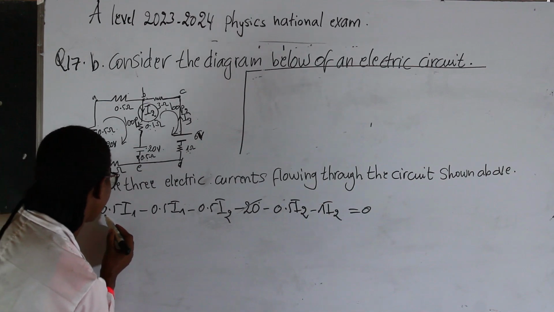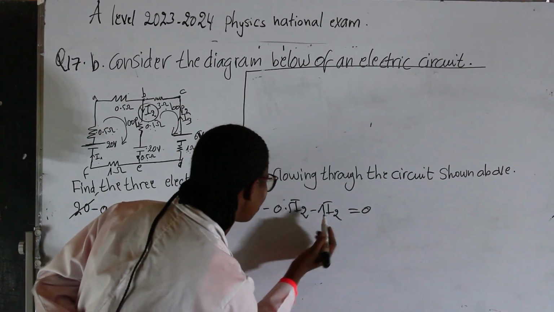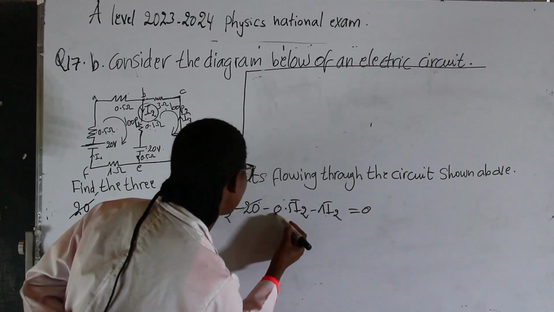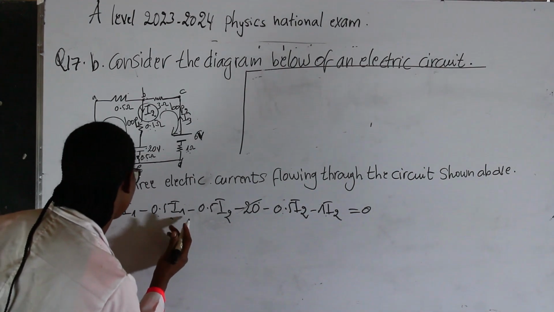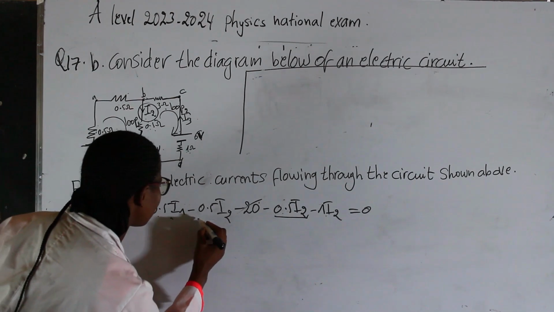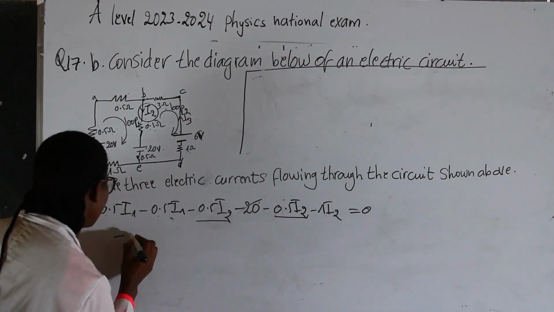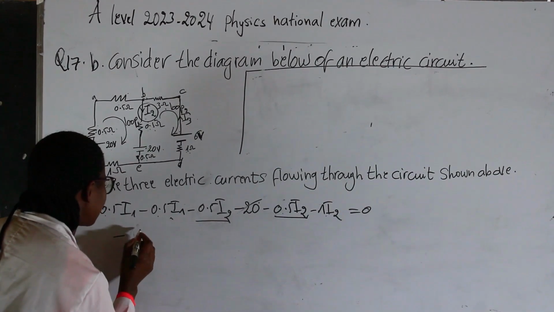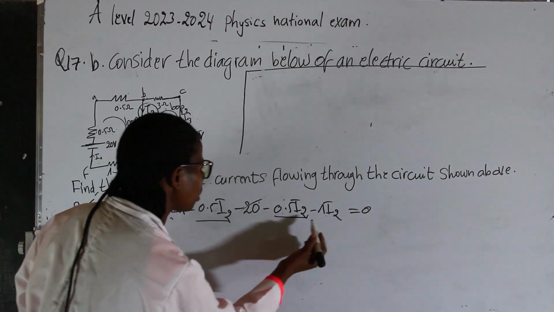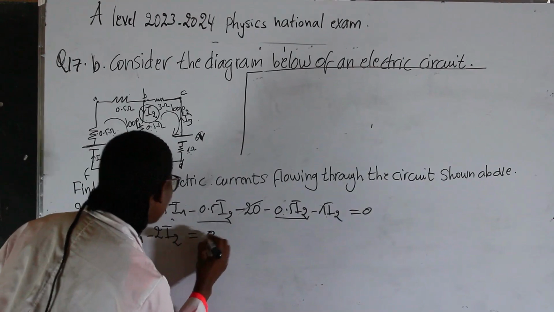Then here we have minus 0.5 I1, minus 0.5 I2, minus 1 I2, so minus I1 minus 2 I2 should be equal to 0.